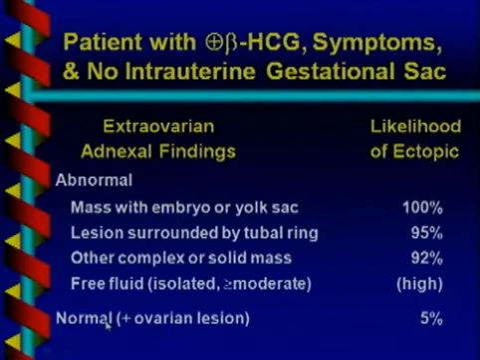So if the adnexa outside the ovary is normal in such a patient, the likelihood of ectopic is far lower than when the adnexa are abnormal, but it's not zero. In other words, if we see a rule-out ectopic patient with nothing in the uterus and nothing in the adnexa, the likelihood of ectopic is down at about 5%. So it's fairly low, but not anywhere near zero.